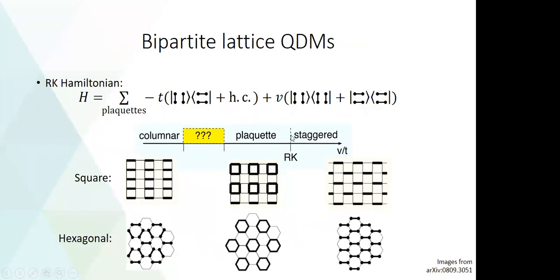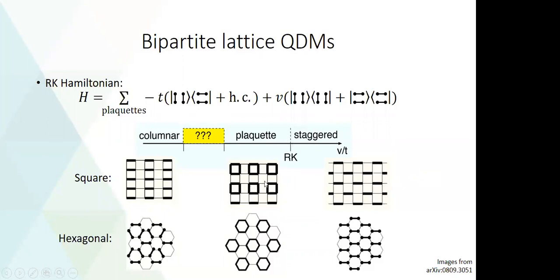Another point I want to make, where last time I didn't have an answer. Daniel asked me. I said that this phase transition seems to be first order, and that can be guessed from looking at the symmetries of the two phases across the RK point.